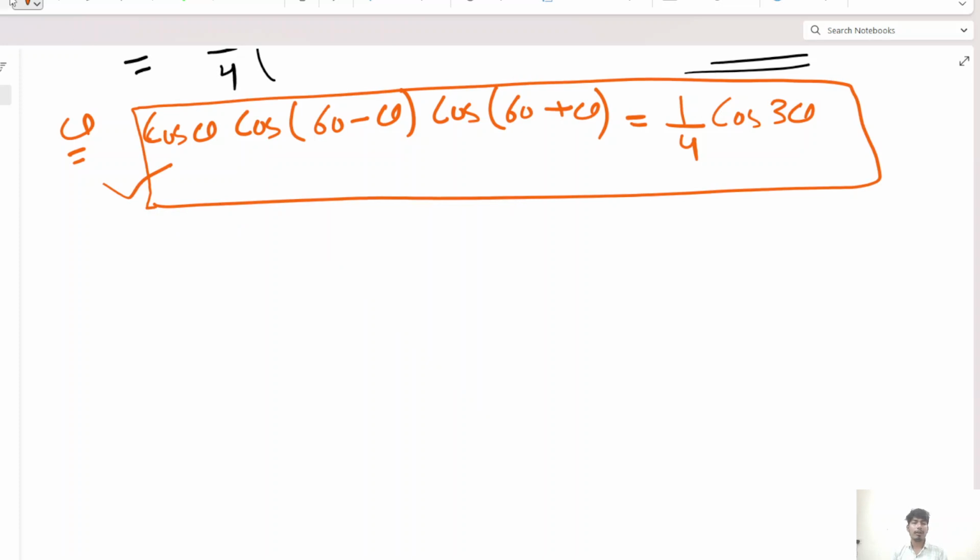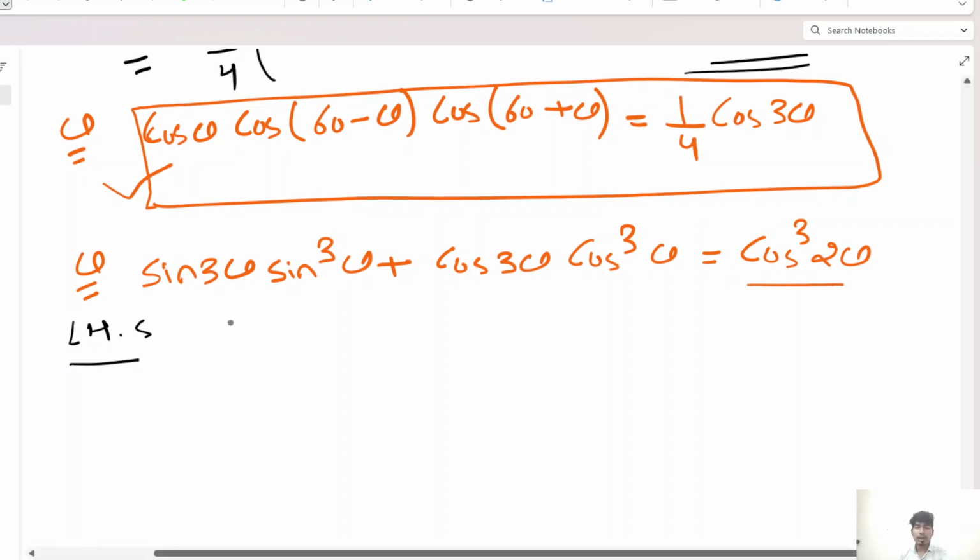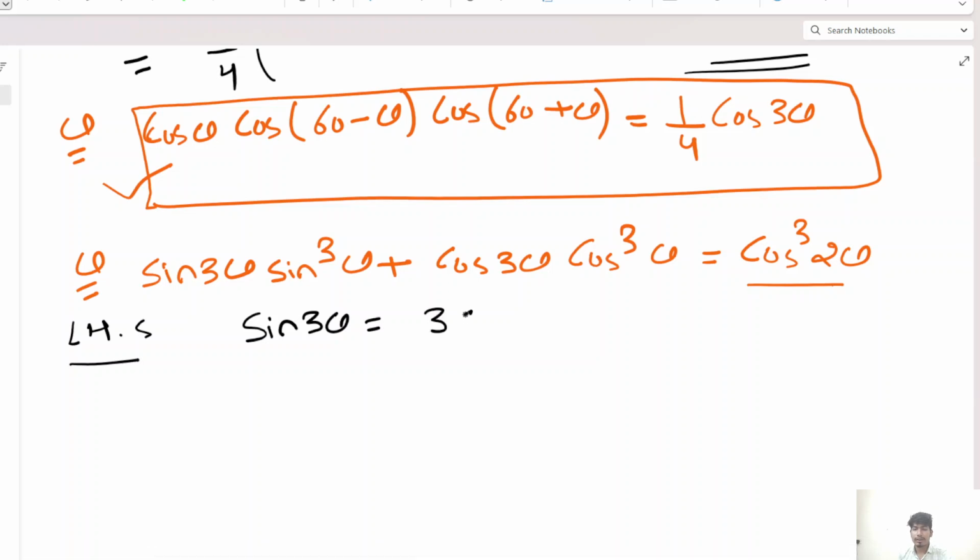Then our next question is sine 3 theta into sine cube theta plus cos 3 theta into cos cube theta, and we have to prove this is cos cube 2 theta. Here is cube, then we take LHS. We know sine 3 theta is 3 sine theta minus 4 sine cube theta.